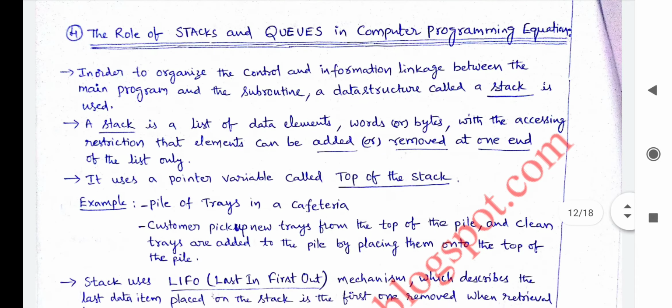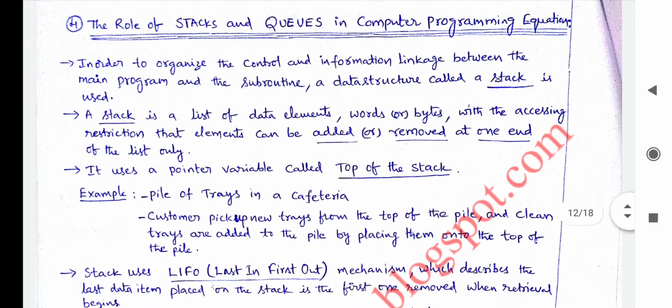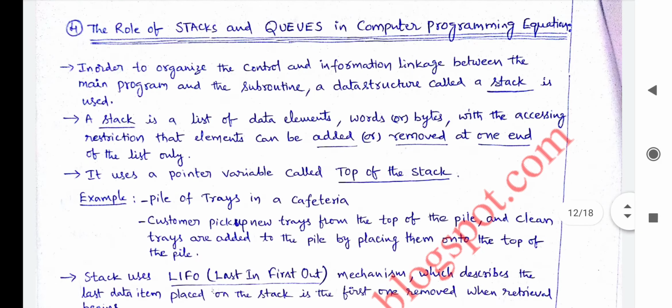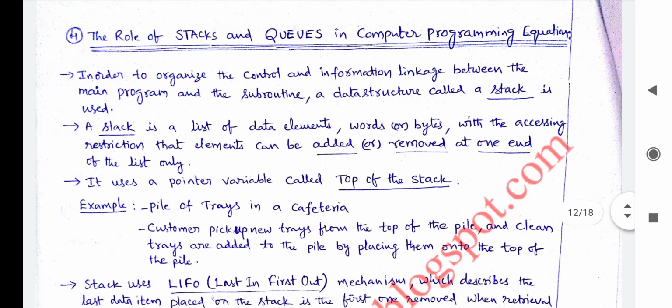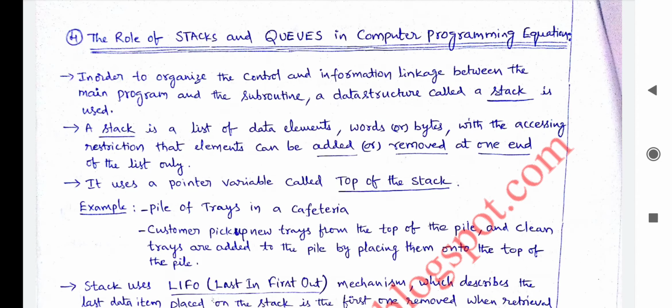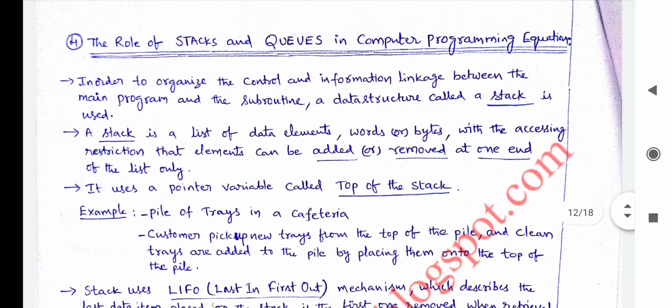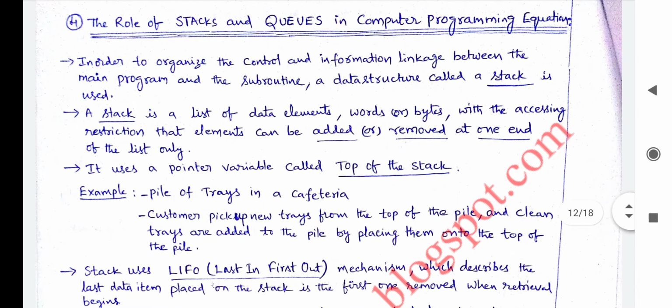A stack is a linear data structure in which the elements or words are inserted and deleted at only one end, that is called the top end. That is the pointer variable called TOP. Some of them are also called TOS, that is the top of the stack.